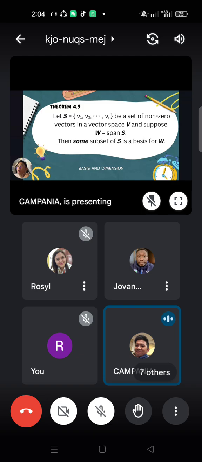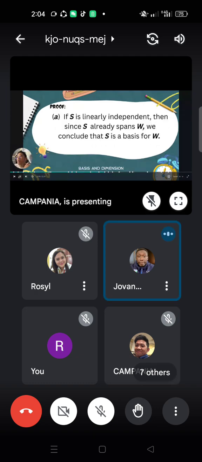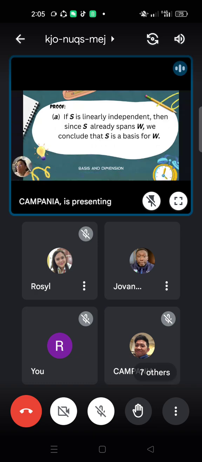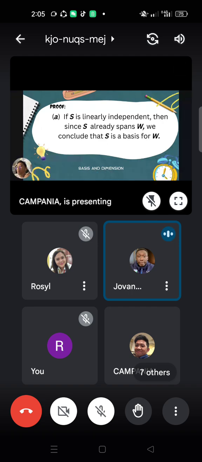So case 1, your S is independent. Put that in your proof. Case 1, S is linearly independent.